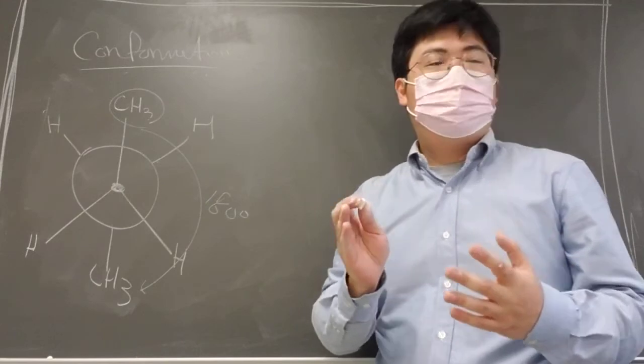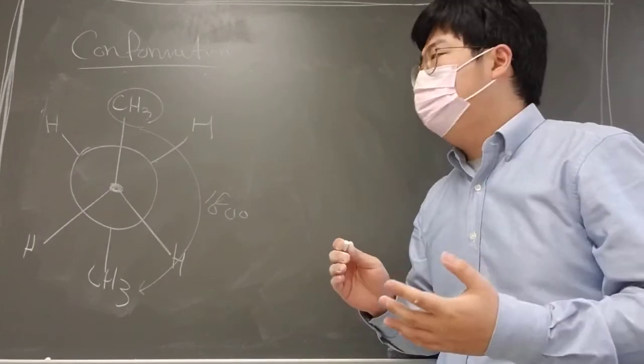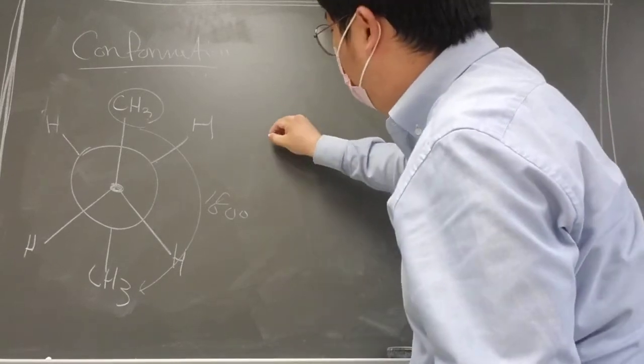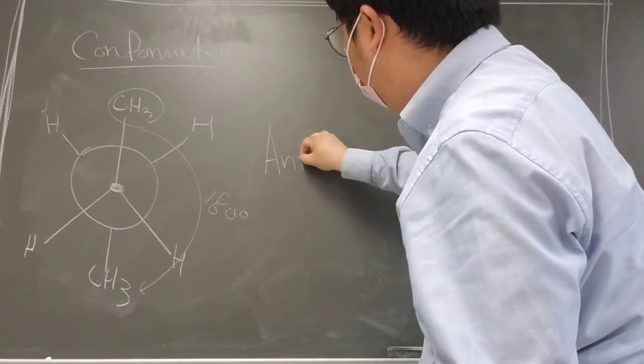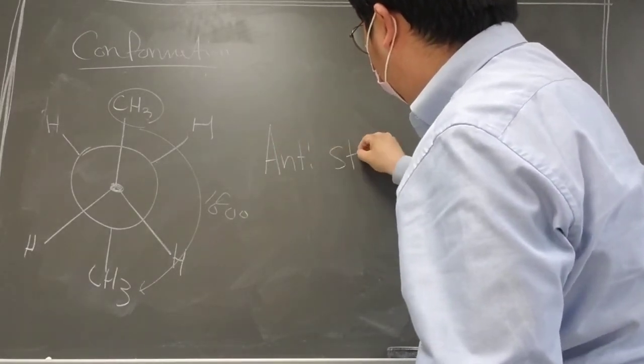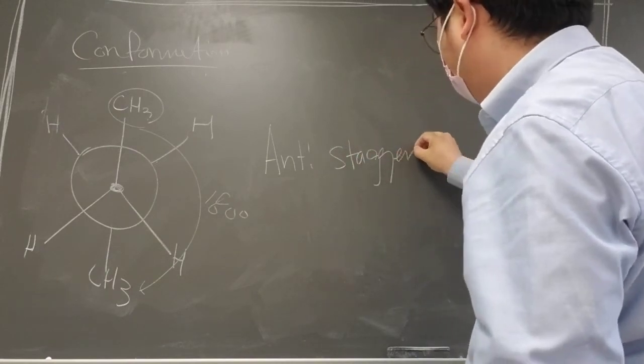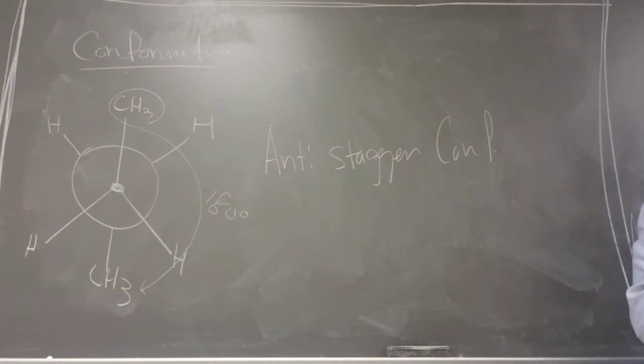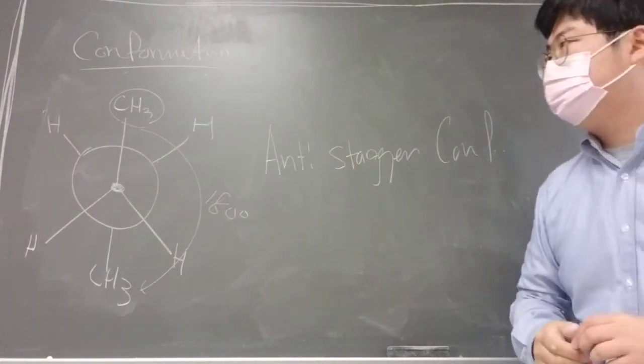They don't have to compete for space or have any steric strain problem. So we call this the anti-staggered conformation. This is the most stable form of the compound.